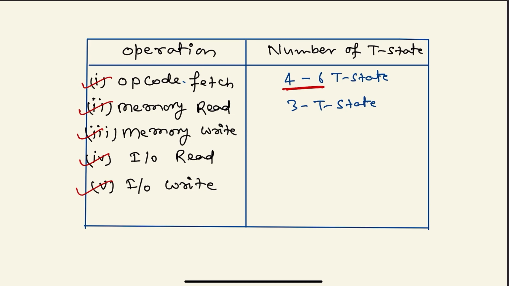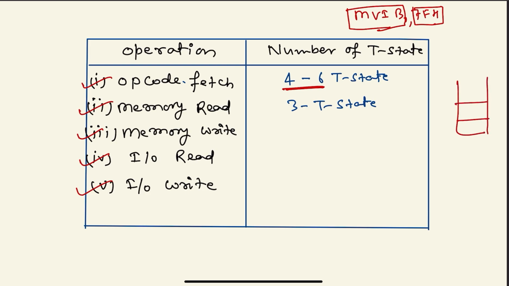The reason behind that, for example, let's say we have MVI B, 7FH. Here this MVI B is called the opcode, and this 7FH is called the operand, and this is stored in memory at some location. Let's say here it is 2000H.